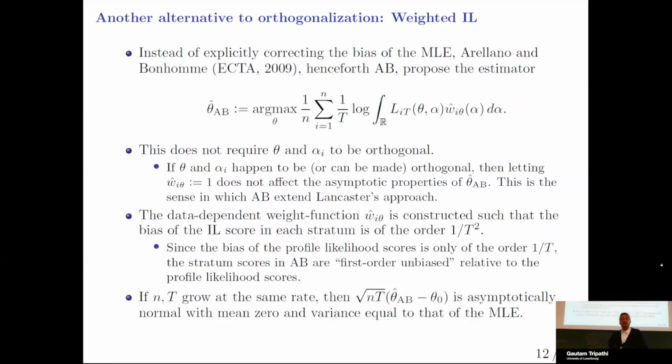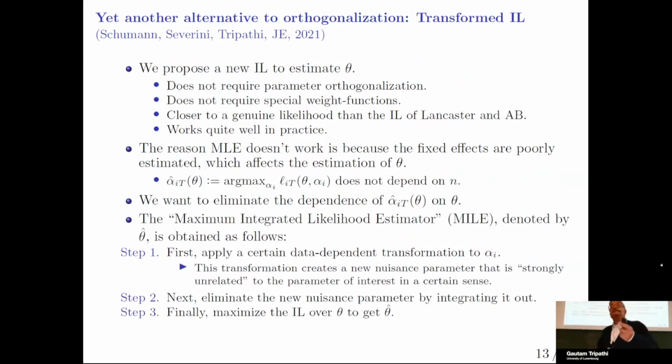You can compute integrated likelihoods by coming up with clever weight functions that remove the bias. So you don't do explicit bias correction, you do implicit bias correction, and you can compute another integrated likelihood, which is what we do, by first transforming the nuisance parameter.